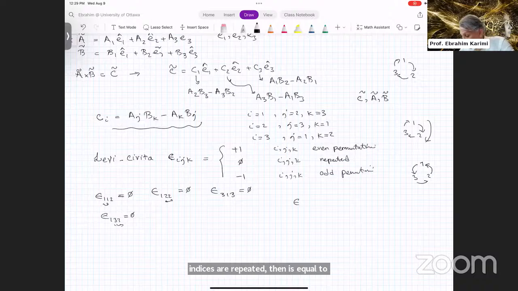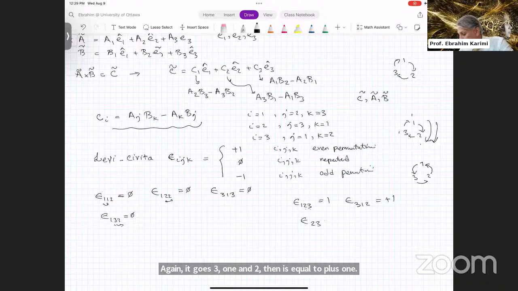While if we look at epsilon 1, 2, 3, the sequence of 1, 2, and 3 goes clockwise in this way, so the result is equal to 1. Epsilon 3, 1, 2 goes 3, 1, and 2, and is again equal to +1. Epsilon 2, 3, 1 is also equal to +1.